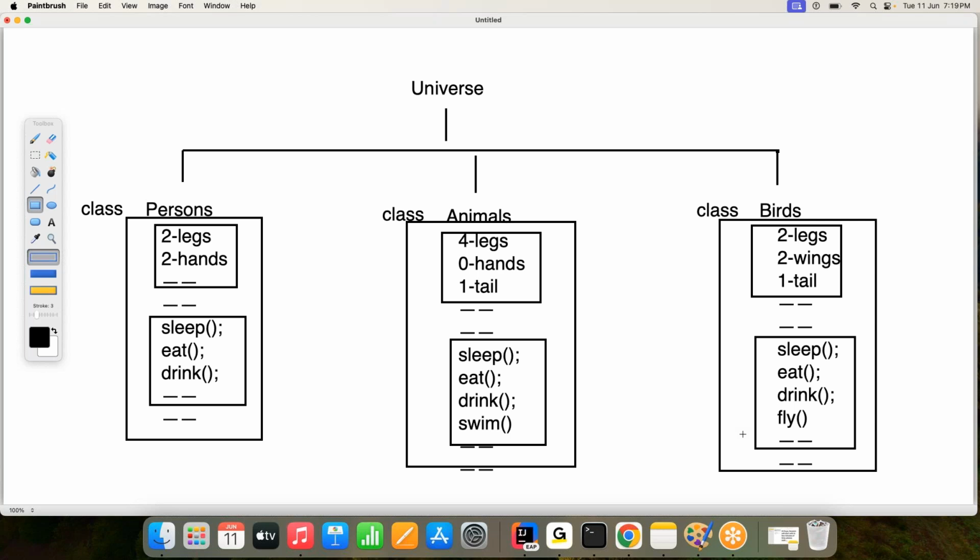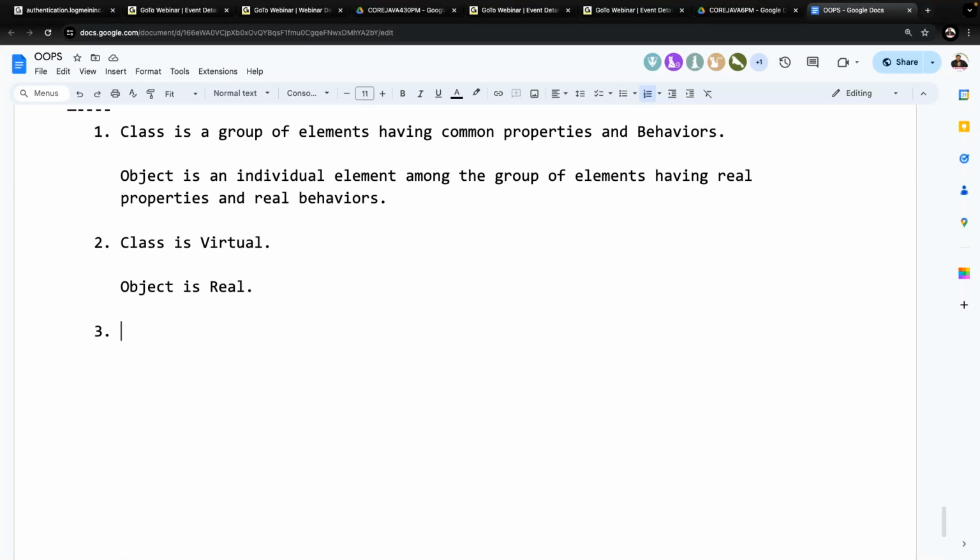That is a class. But object is physical. Object is a physical encapsulation of the properties and behaviors. Everybody put more concentration here now. Class is the virtual encapsulation of the properties and behaviors.